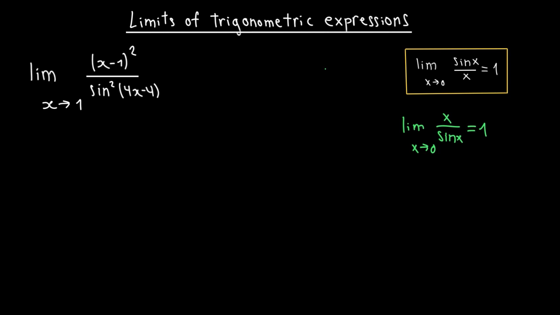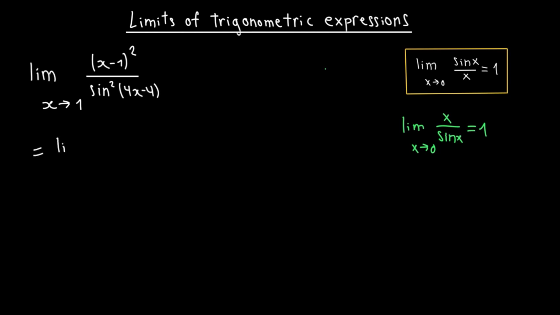So now for this example, what I want to have is something of this form, and therefore I need to multiply by 4x minus 4 on the top and on the bottom. However, we see here that we have sine squared and not just sine. So we have sine of 4x minus 4 times sine of 4x minus 4. So I need to have 4x minus 4, the whole thing squared. Let me repeat this by writing it down.